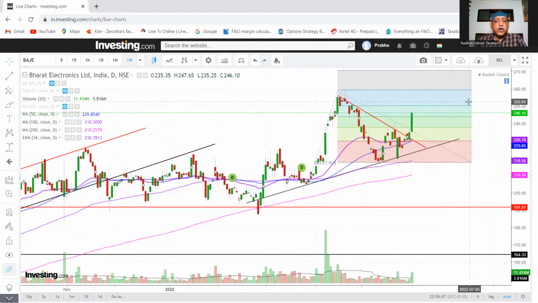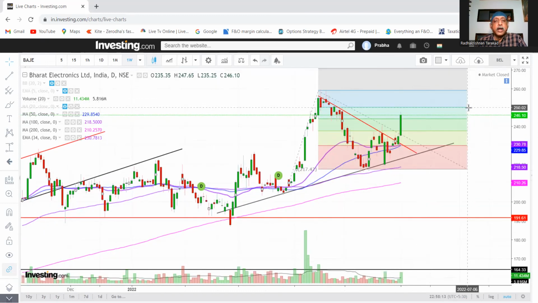So this was a small illustration as to how technical analysis knowledge can be used to identify potential winners in any market. And if these levels are respected, then the stock can even try to make new highs. I hope this was very useful to you to be able to spot winning stocks and trades.